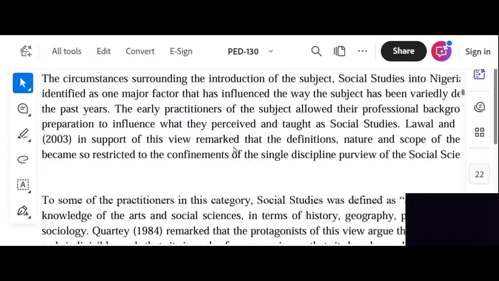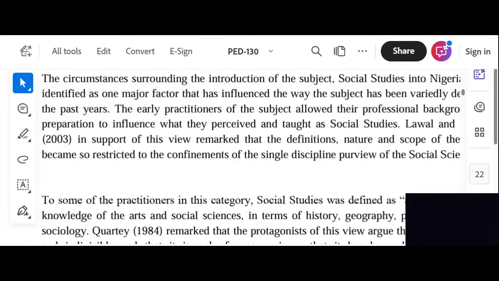If you have been following, one of the reasons that we are able to identify is that the circumstances that surround the introduction of that subject into Nigeria is one major factor that is the cause of having a wrong definition of the subject. And also, the second one, which was stated clearly here, is that people that practice social study in the early days when it just arrived in Nigeria, they are kind of biased.